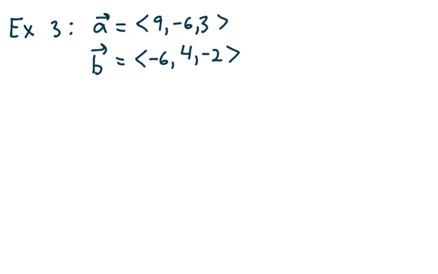So I have an example where the vectors are orthogonal. I have a pair of vectors where the vectors are neither. Now, let's take a look at this one.